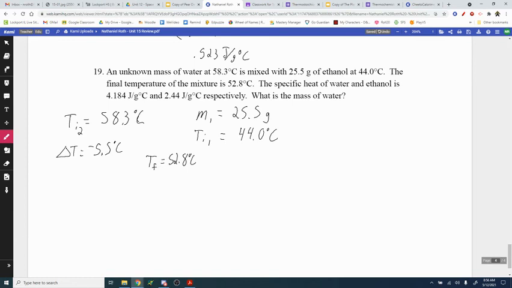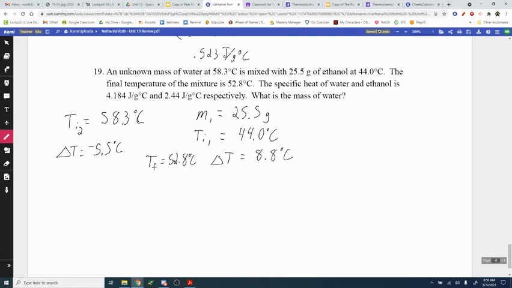And for the ethanol, the delta T is going to be 52.8 minus 44, which is 8.8 degrees Celsius. And that one is going to be positive, since it's 52.8 minus 44.0.